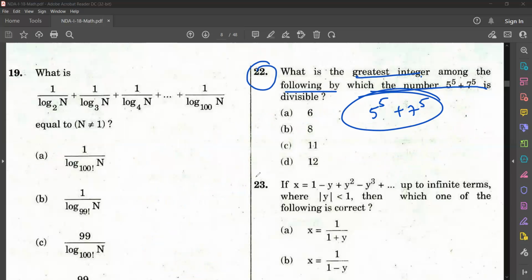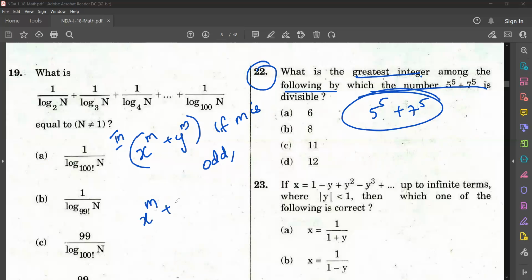Okay. So if you don't know, please note, in x raised to m plus y raised to m, listen, if m is odd, then x raised to m plus y raised to m will be divisible by x plus y.